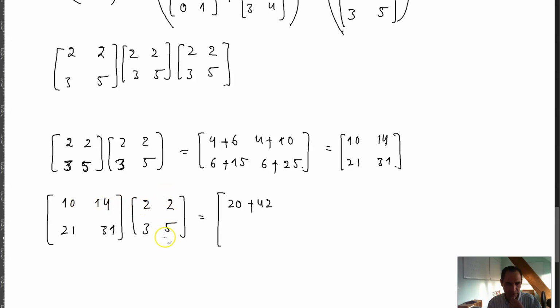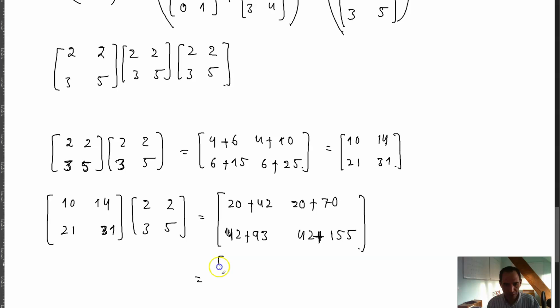This row times this column gives me 20 plus 5 times 14, which is 70, and this row times this column gives me 42 plus 3 times 31, which is 93, and this row times this column gives me 42 plus 5 times 31, which is equal to 155, right?